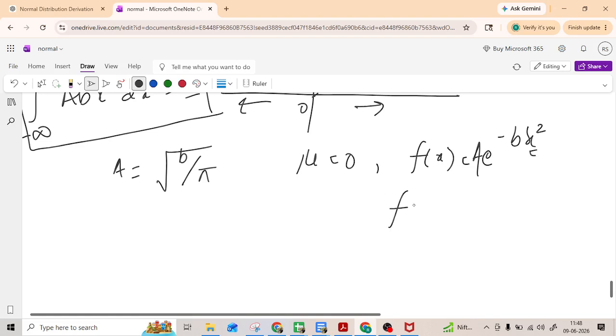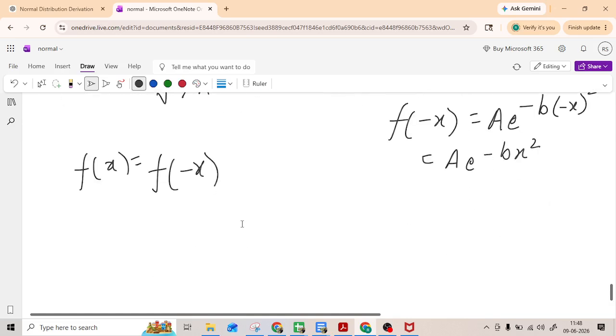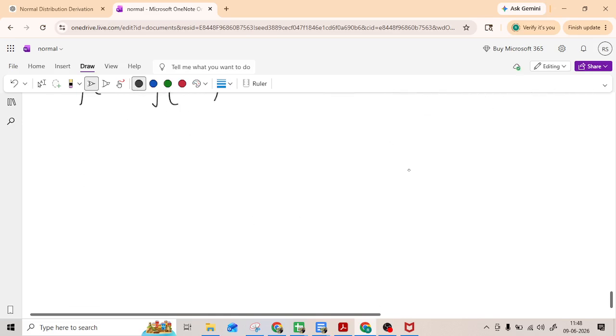So if you do f of minus x, a raised to the power minus b into minus x whole square, is equal to a raised to the power minus bx square. So you see f of x is equal to f of minus x, which also means that the mean is centered around 0, by calculus. So this is f of x equal to f of minus x, and this is what we have right now.